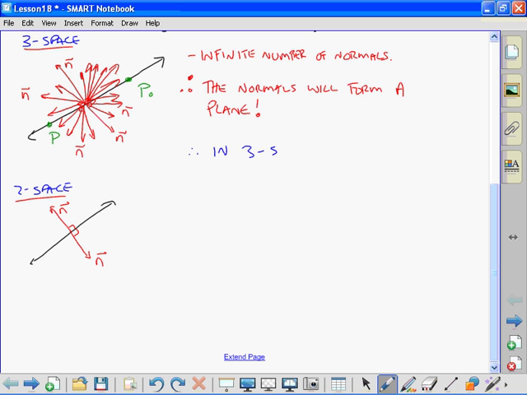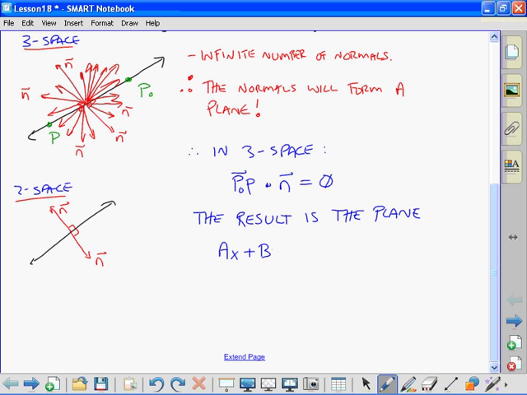So therefore, in 3 space, we take the dot product of P0P with its normal equal to 0. The result is the plane ax plus by plus cz plus d equals 0, where our normal is equal to ABC.